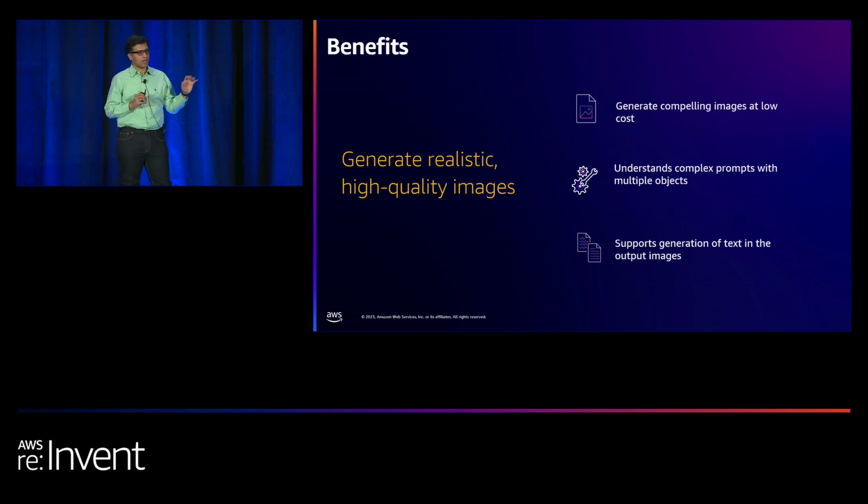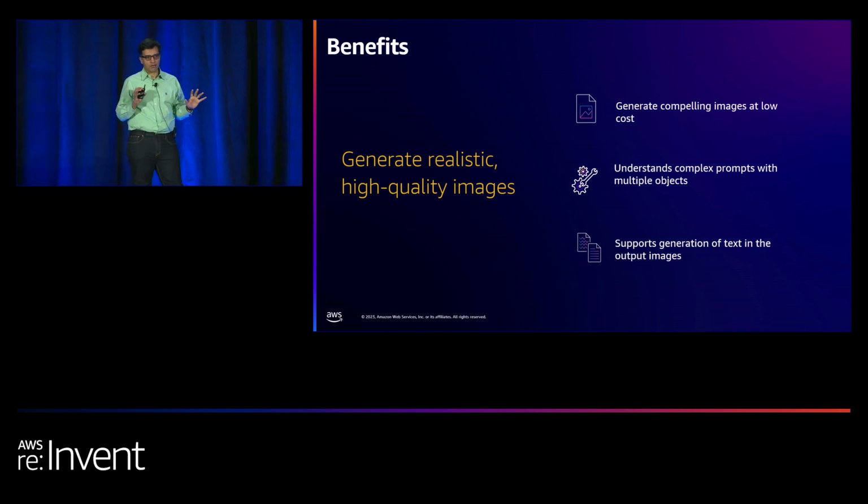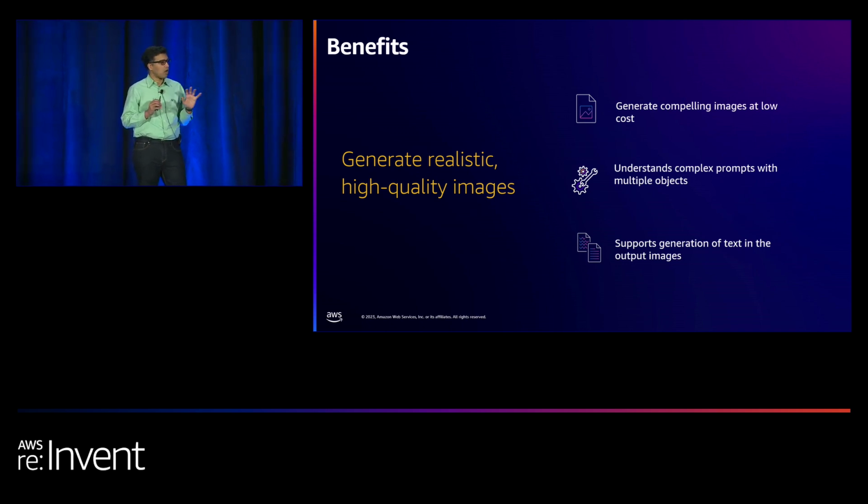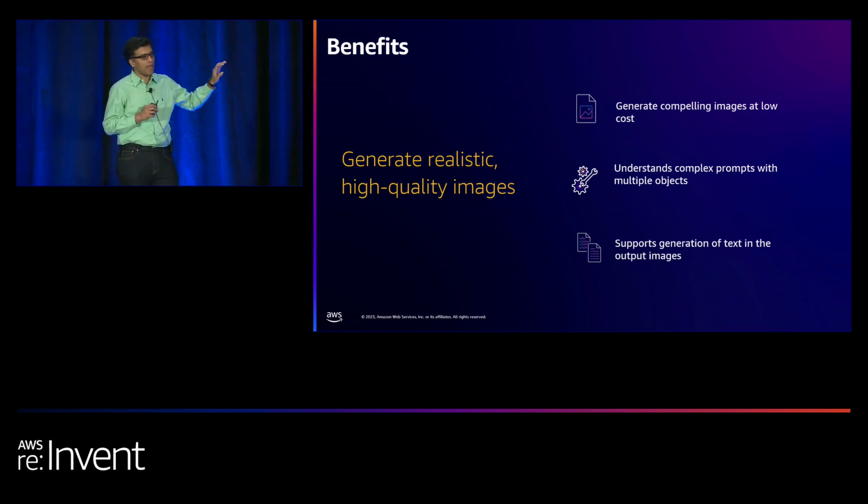So categories such as composition, where you're looking at placing objects relative to each other in the scene. Or complex prompts. You saw some examples in the ones that Rohit showed, where you had a person running through a forest, wearing a hat, wearing dark glasses, and the forest had its own properties. So we want to make sure that our models are very good for these kinds of use cases.